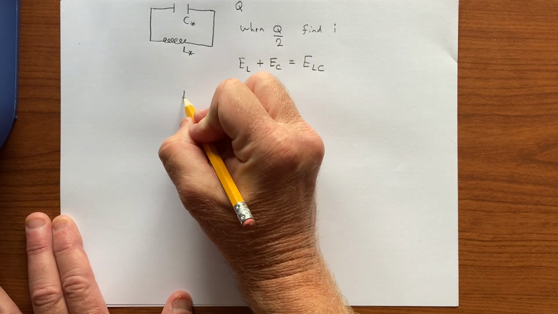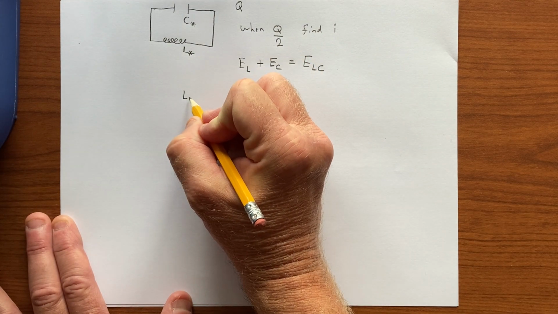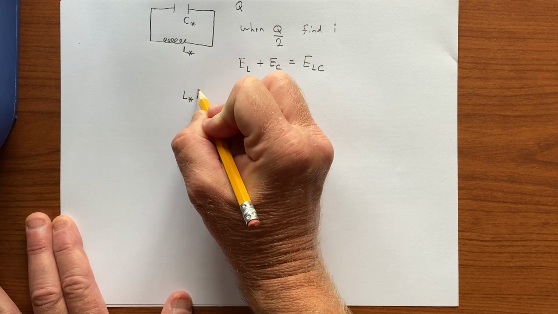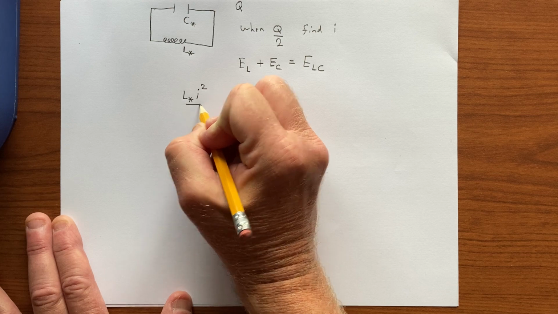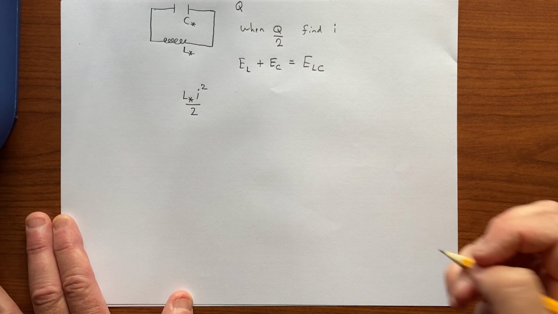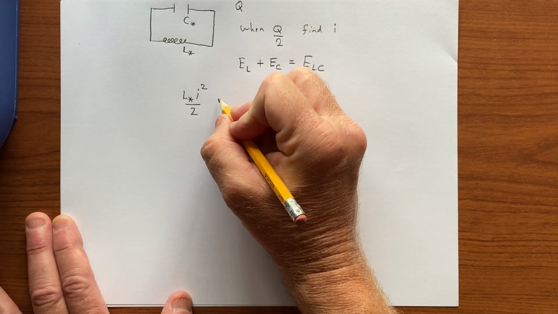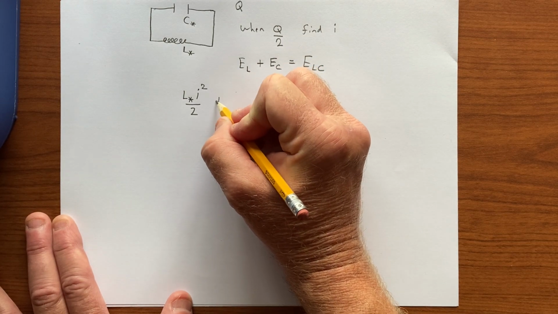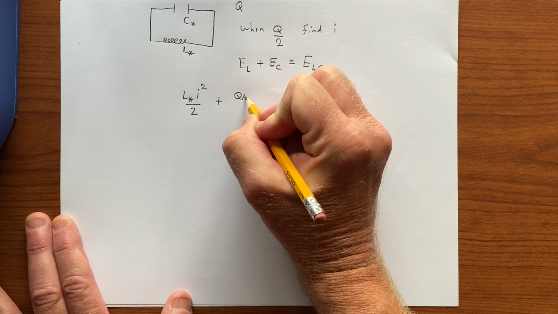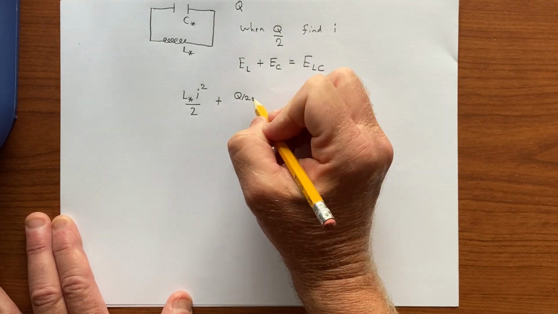So we have the inductor of inductance L star. We have the unknown current I squared over 2. That gives us the form of the energy in the inductor in magnetic form. We know that we have a charge capital Q over 2 on the capacitor.